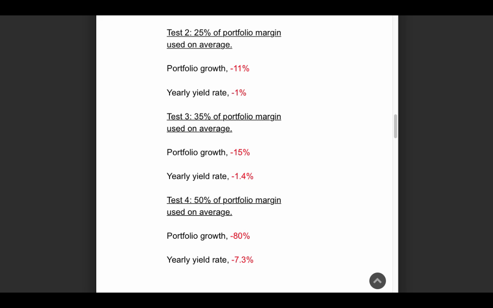And then we went to 50%, where, in my opinion, most portfolio margin traders are there or even higher, and it lost 80% over that period, averaging 7.3% loss per year. Let's take a moment of silence.